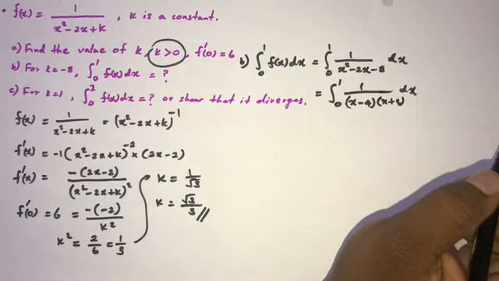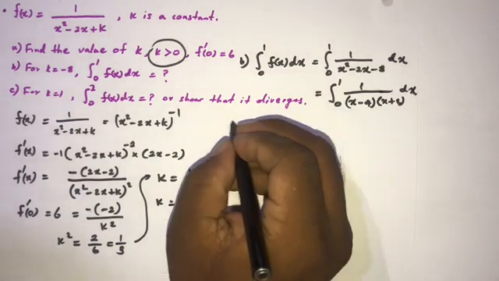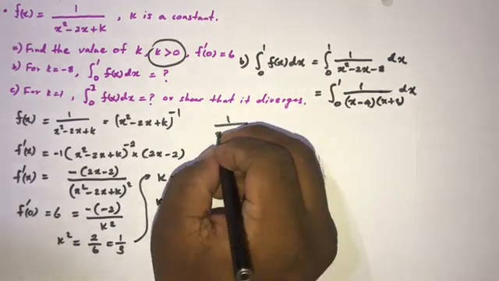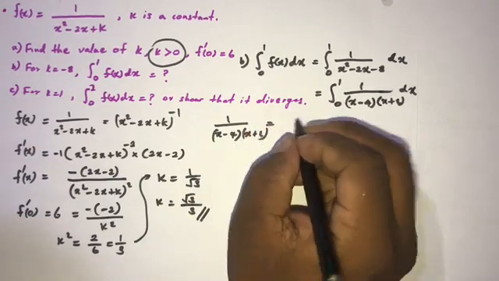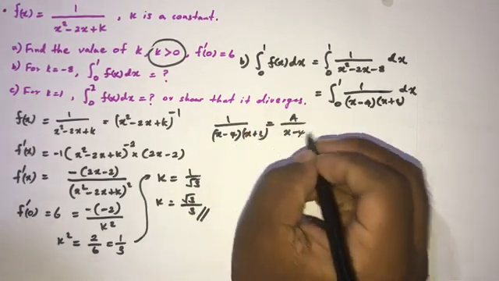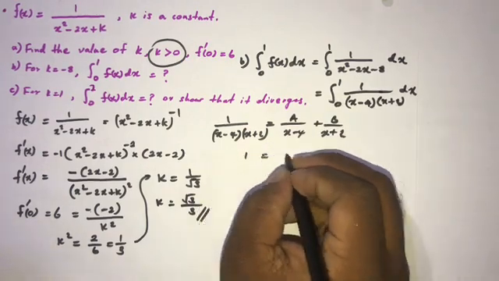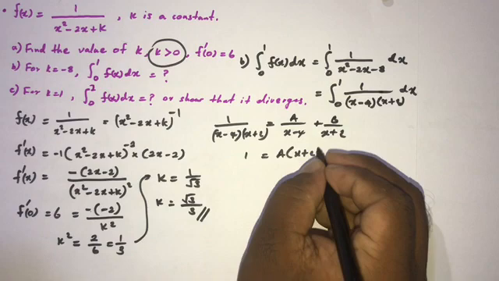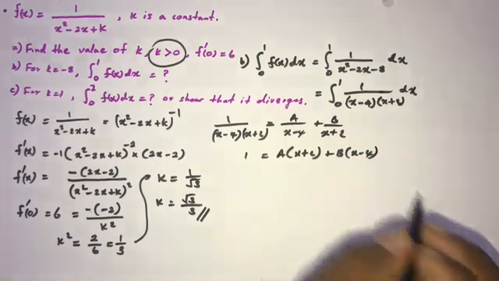Now we can use partial fractions. So we can write 1 over x minus 4 times x plus 2 is equal to a over x minus 4 plus b over x plus 2, and we know 1 is equal to a times x plus 2 plus b times x minus 4.